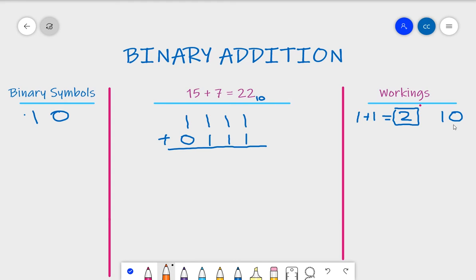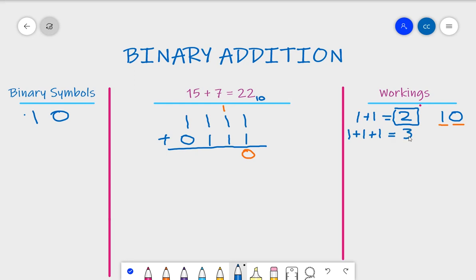So what we need to do is write into our sum what's in the right hand column, so that's your 0, and we carry this 1, so that gets carried here. So our next sum is 1 plus 1 plus 1. Now let's just write that down here, 1 plus 1 plus 1, which is 3.